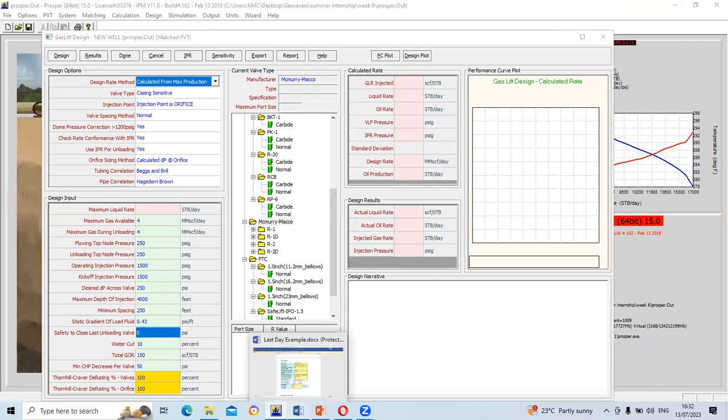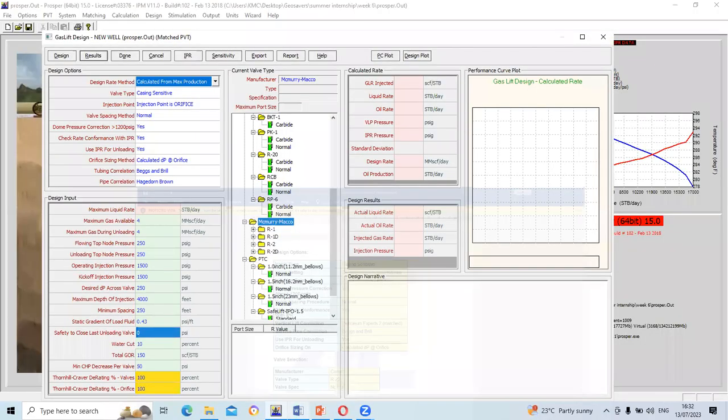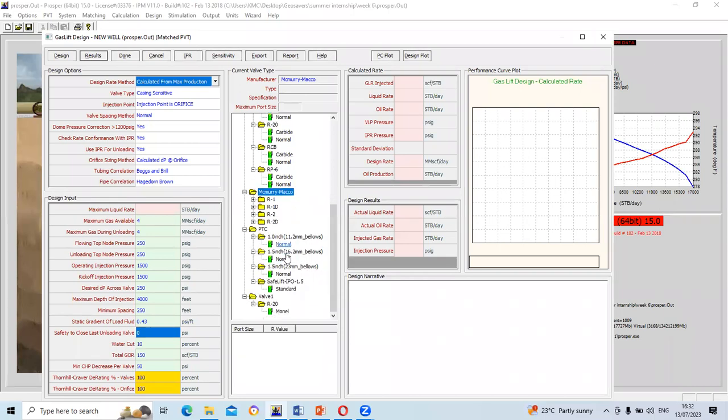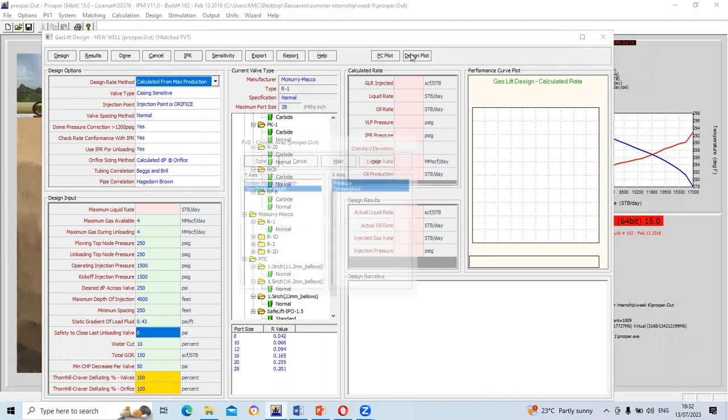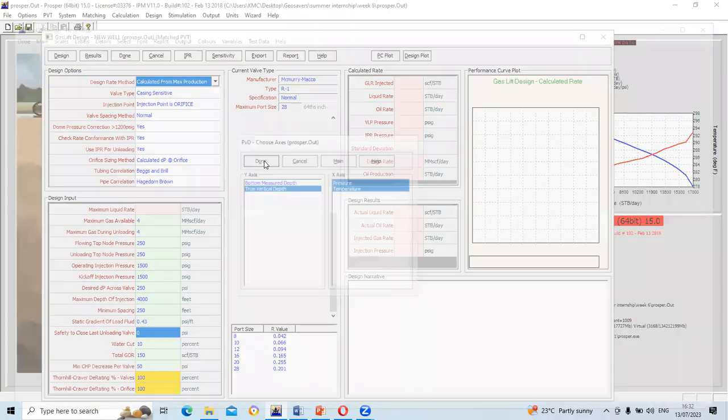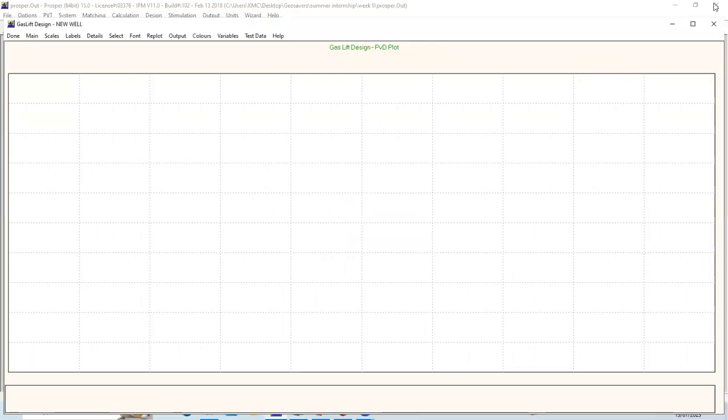Which type are we using? R20. Anyway, we could still use any one. All right. What's happening?